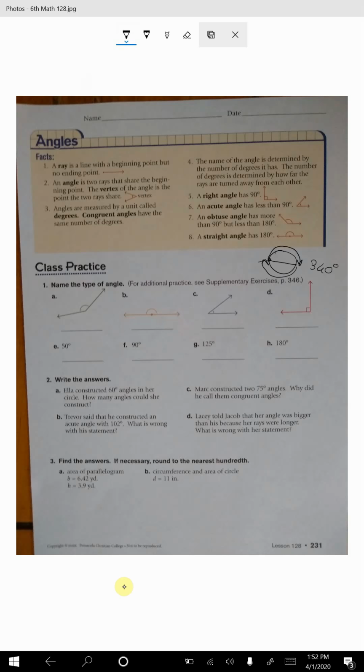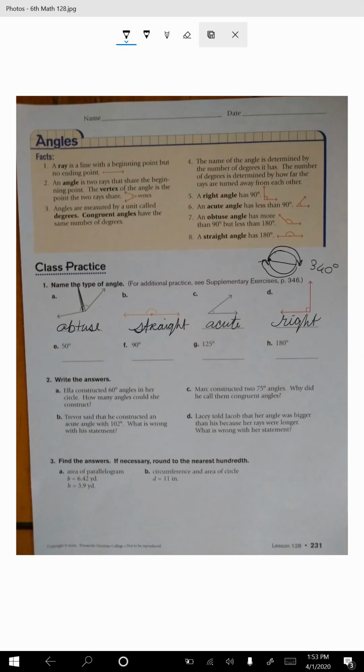So this angle right here is bigger than a 90-degree angle, which would be about right here. So we would call it obtuse. This is a straight angle. This is acute, smaller. And this is the right angle.